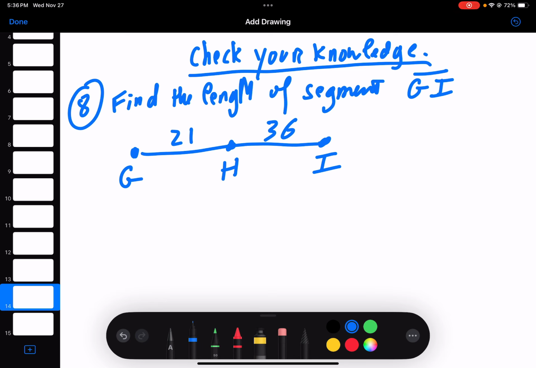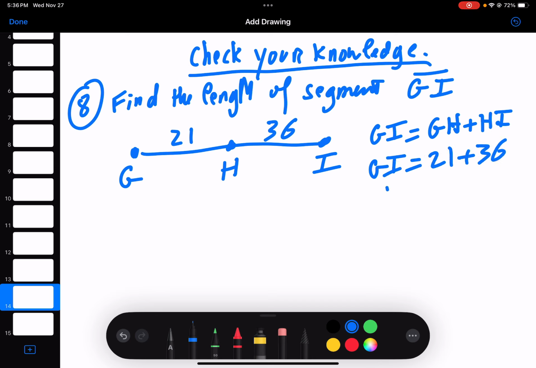The postulate says that GI is equal to GH plus HI. So GI is equal to 21 plus 36, right? So GI is equal to 57. Boom. Okay?